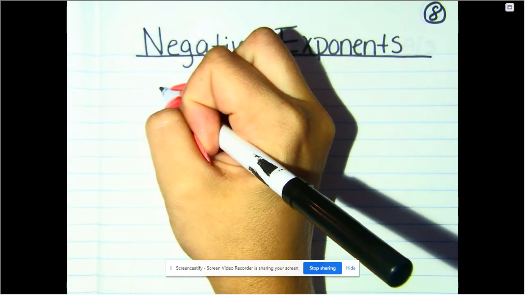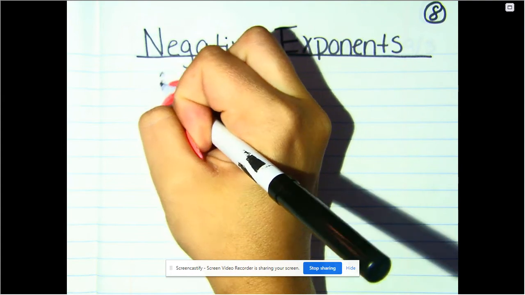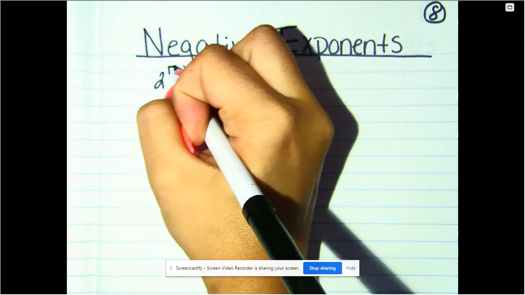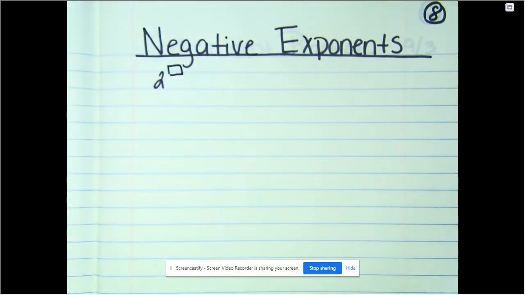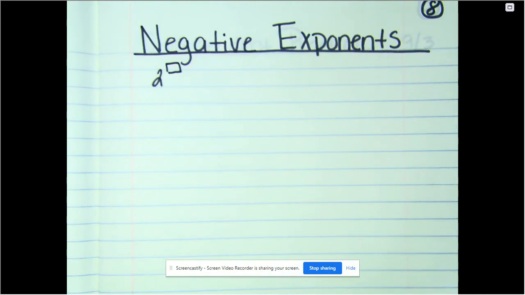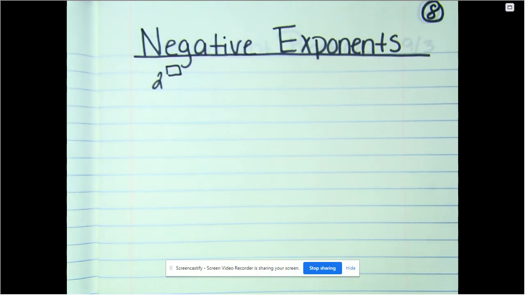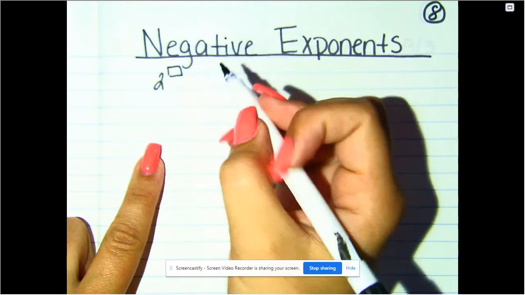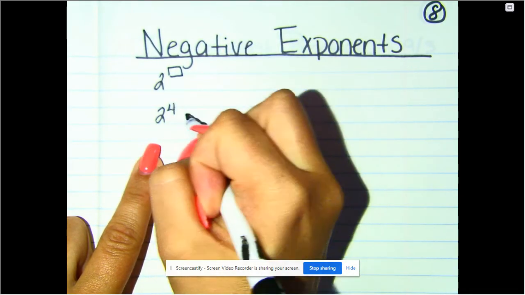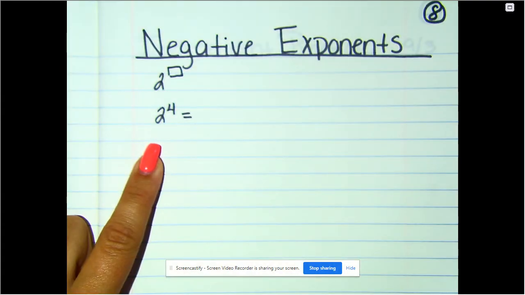Let's do the number 2 as my base, okay? And we are going to look at various exponents to use with the number 2 first to realize what the negative exponent law is. Okay, so with that being said, bear with me. We are going to start with 2 to the 4th power, and I want you guys to go ahead and expand that out.